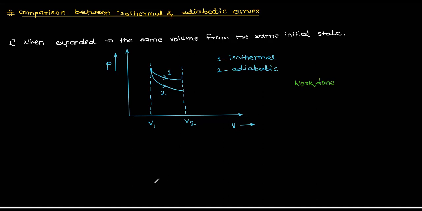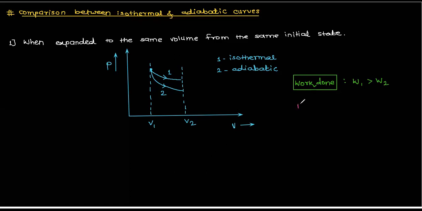In this case, the work done in the isothermal process is more as compared with adiabatic. Therefore, W1 is greater than W2 in this case.